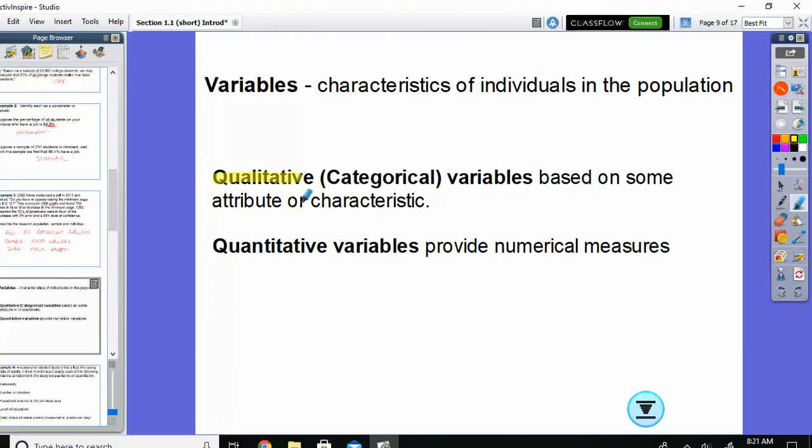And essentially, if you don't want to write it all down, qualitative has to deal with a characteristic. Hair color, eye color, the class you're in first hour. If you're in favor of this, yes or no. It's just some characteristic. Quantitative has the word quantity in it. That one is numerical.